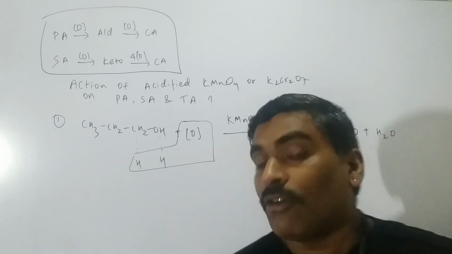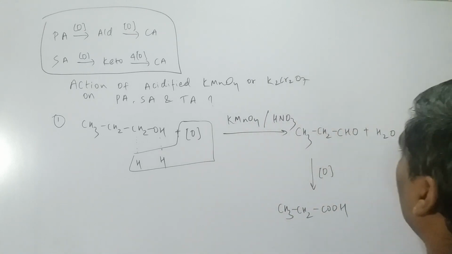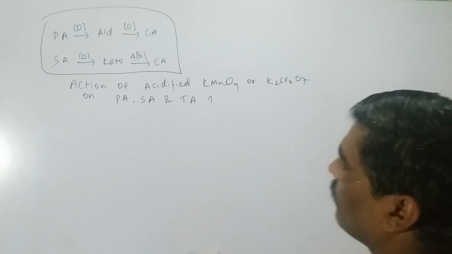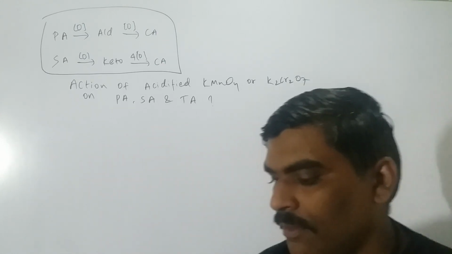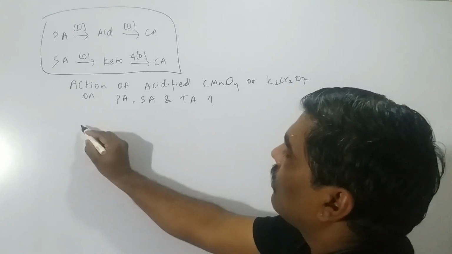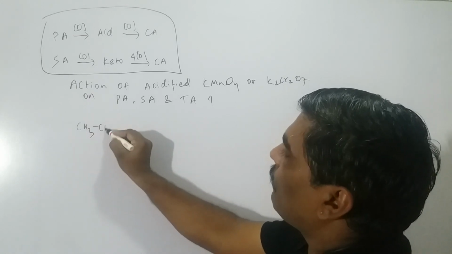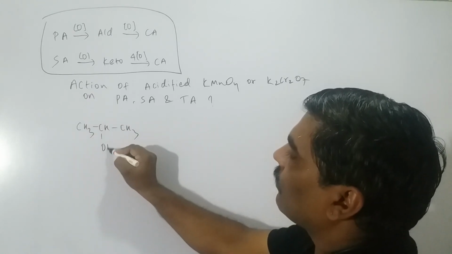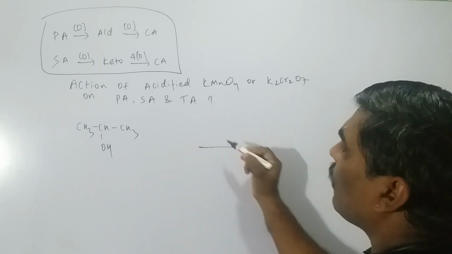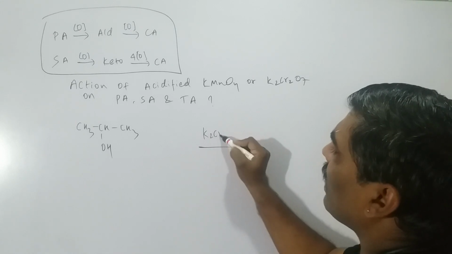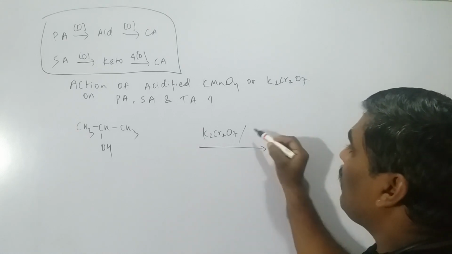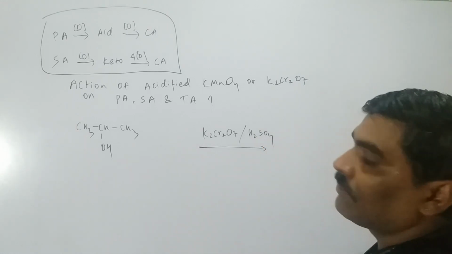Now we'll go for secondary alcohol. Now in case of secondary alcohol, for example, secondary alcohol is propane 2-ol. Okay, when this is reacted with, you can write potassium permanganate or you can write potassium dichromate. It can be nitric acid or maybe sulfuric acid.